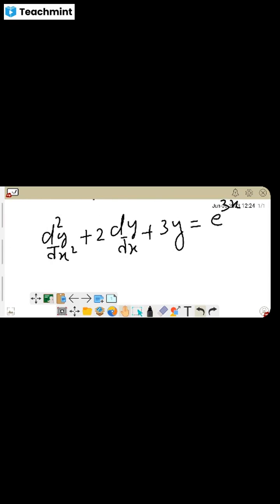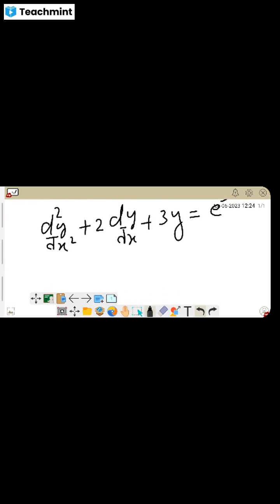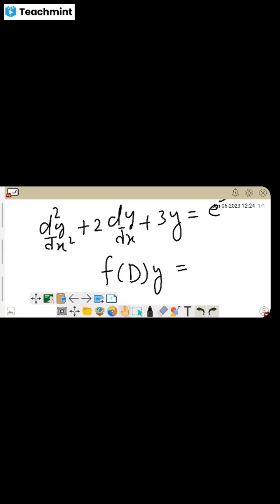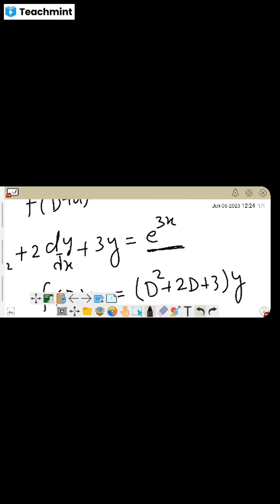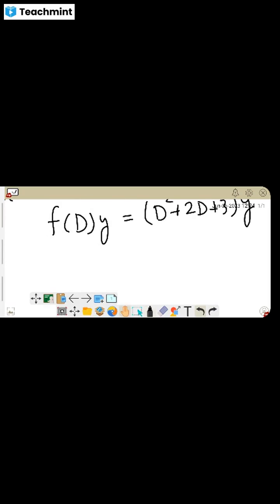First of all, write this equation in the form f(D)y. We can write the left side like (D square plus 2D plus 3) y. And here f(x) is e to the power 3x.